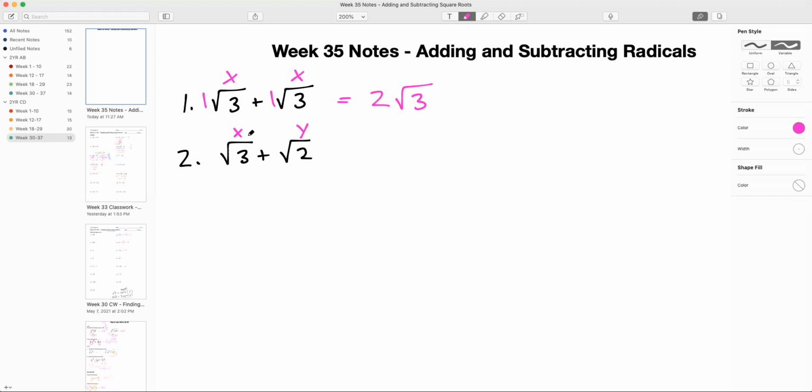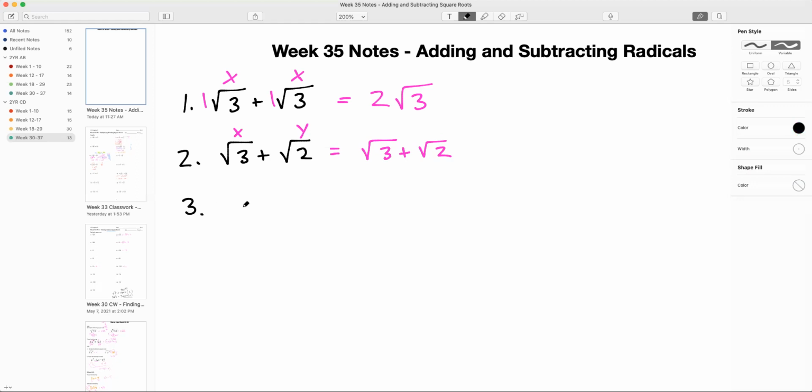Well, in this case, x plus y can't be simplified any further because those are not like terms. And in the same way, root 3 and root 2 are not like terms. They can't be added together. They're not of the same kind. So we just keep them just like they are, and that's the answer. Can't add them together. They don't mix.